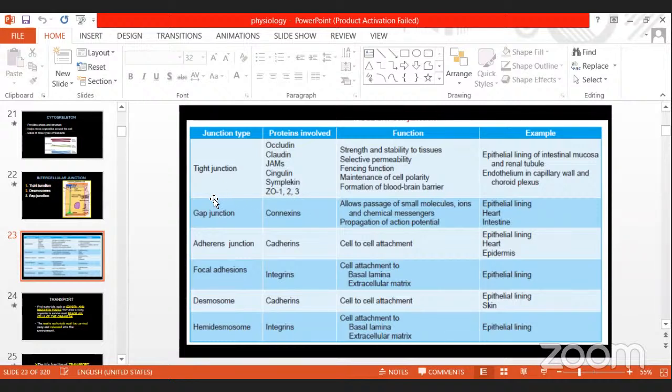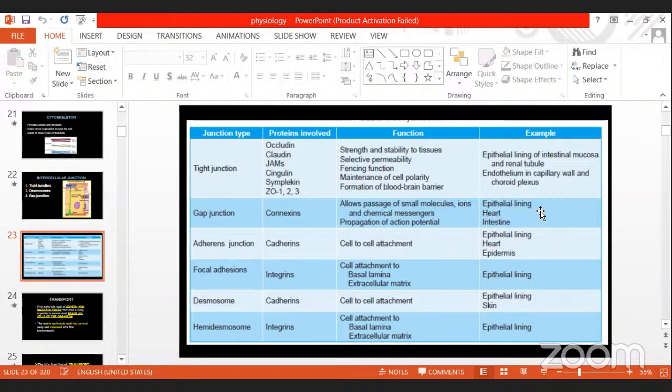Next one is the gap junction. The name itself shows there is a gap between the two cells, which allows passage of small molecules, ions, and chemical messengers. There is no fencing, it's a gap. So through the gap, the molecules pass very easily, which helps the propagation of action potential.